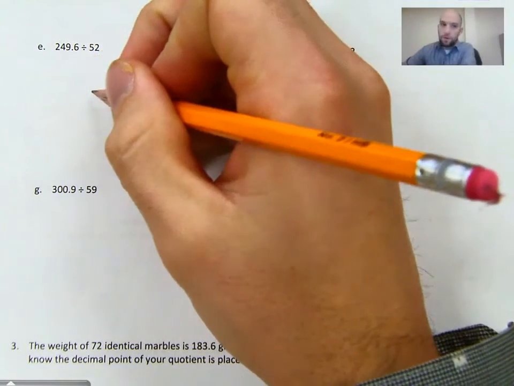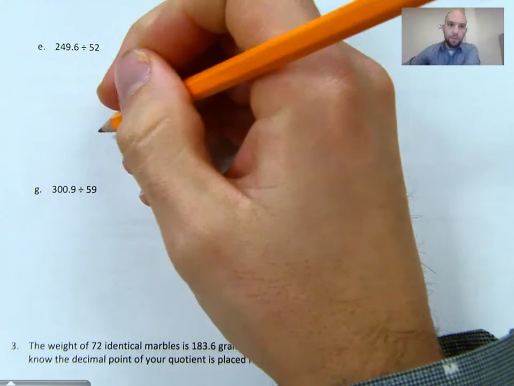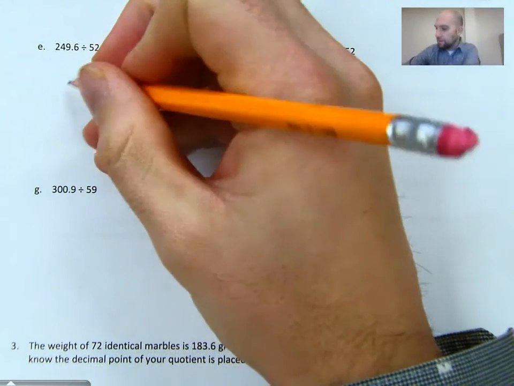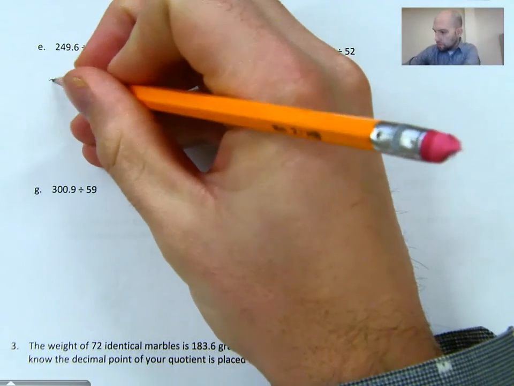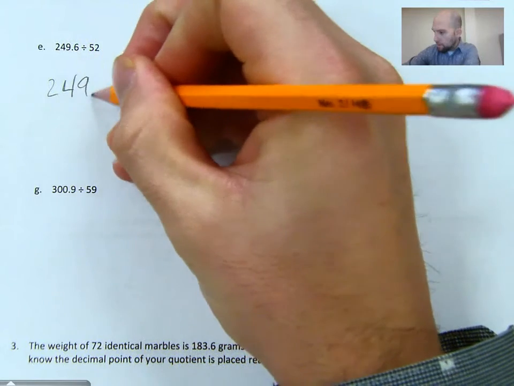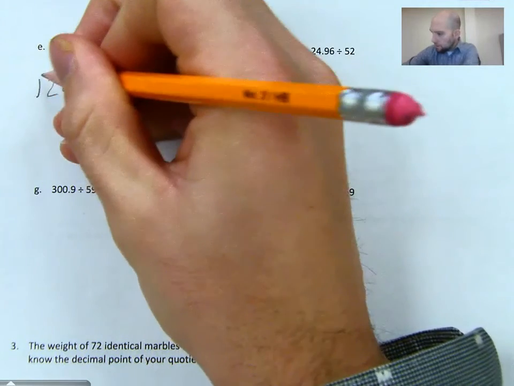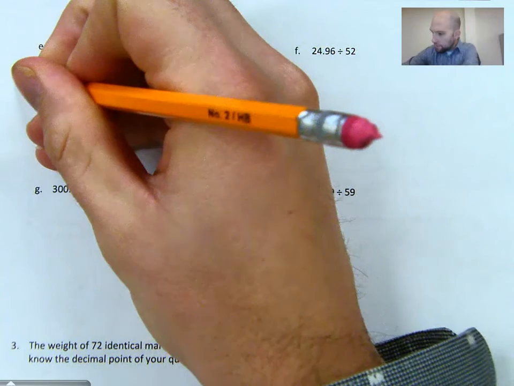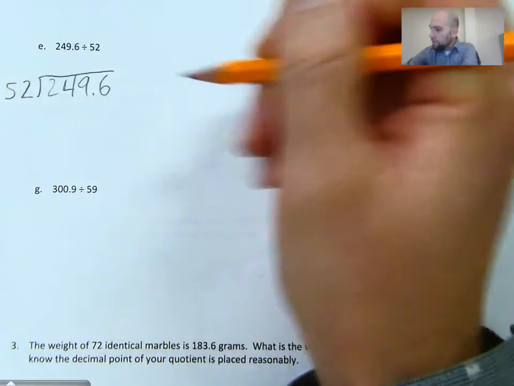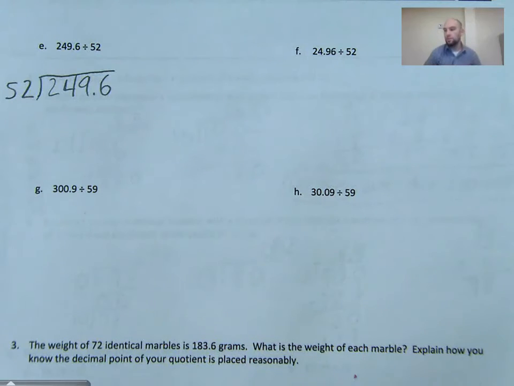So we have 249.6 divided by 52. 249 and 6 tenths divided by 52. So first we have to see how many times 52 will go into it.